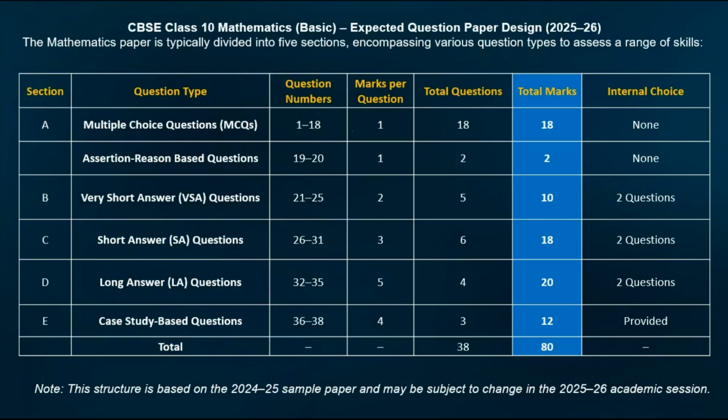CBSE Class 10 Mathematics expected question paper design 2025-26. The mathematics paper is typically divided into 5 sections, encompassing various question types to assess a range of skills.